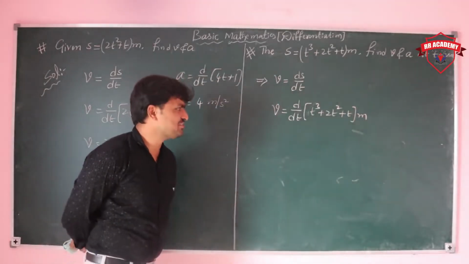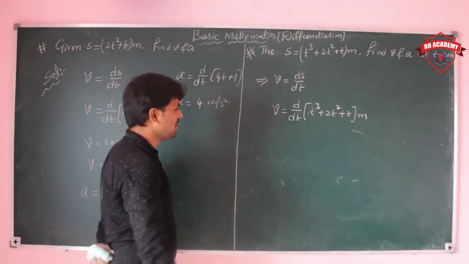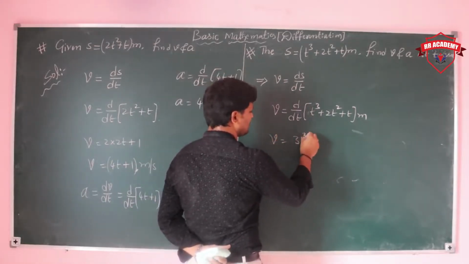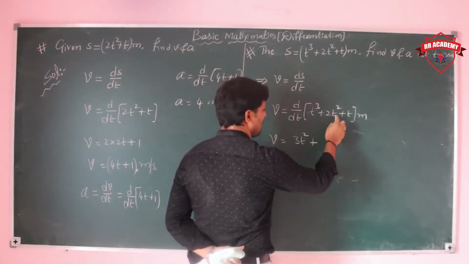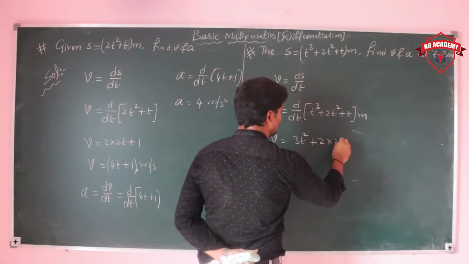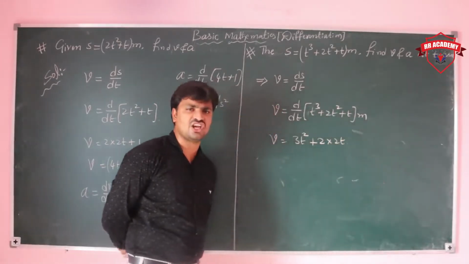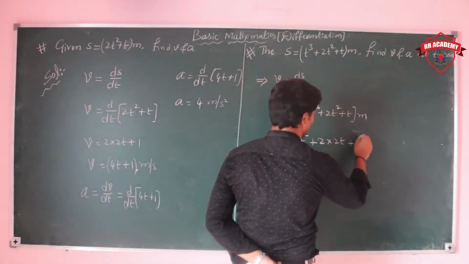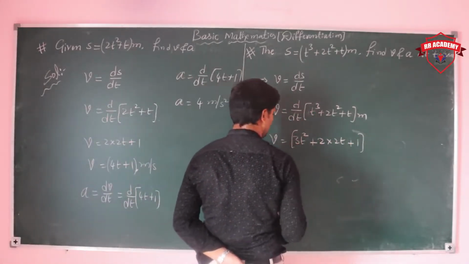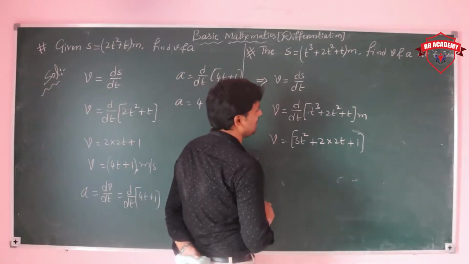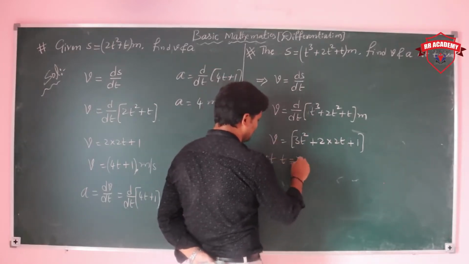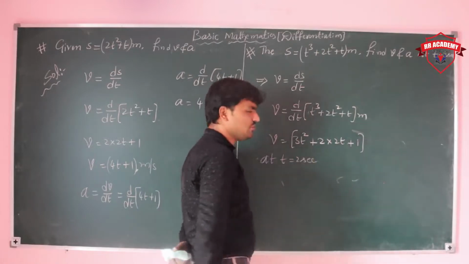The differentiation of t cube is 3t square, the differentiation of 2t square is 4t, and the differentiation of t is 1. So this is the velocity, and they are asking at a time of 2 seconds.